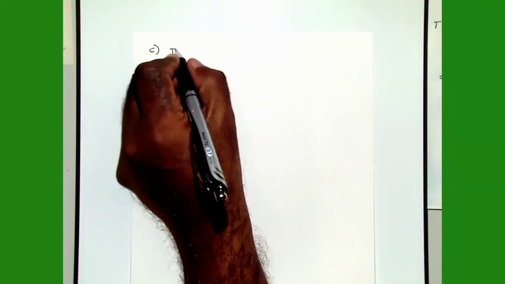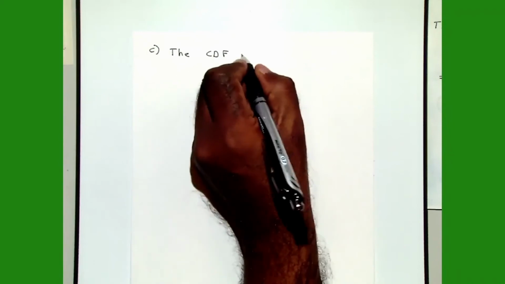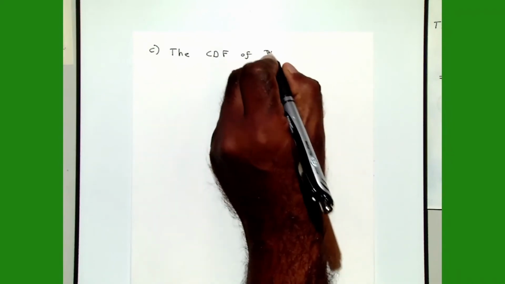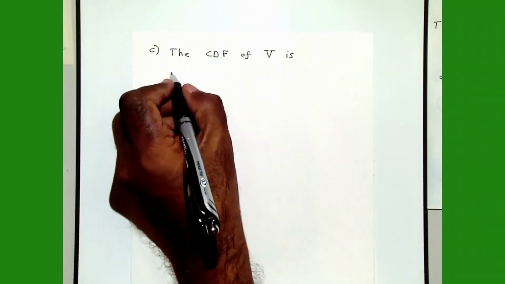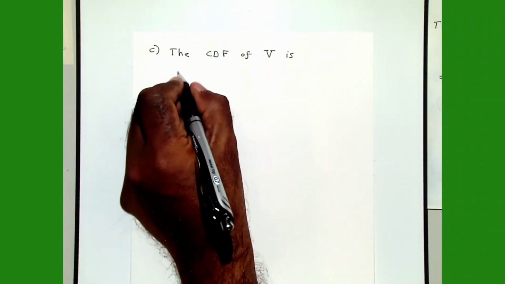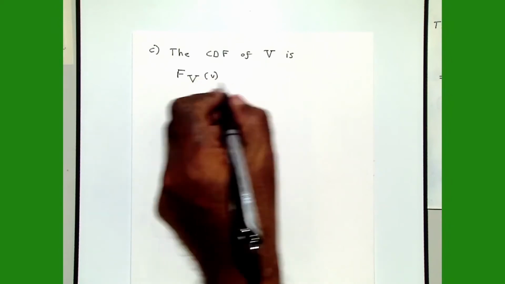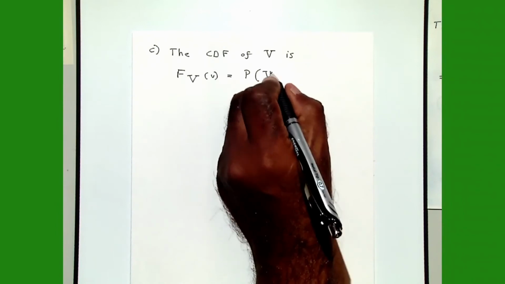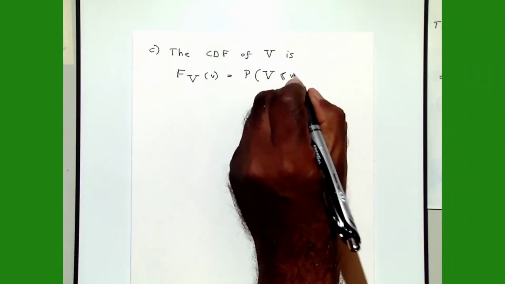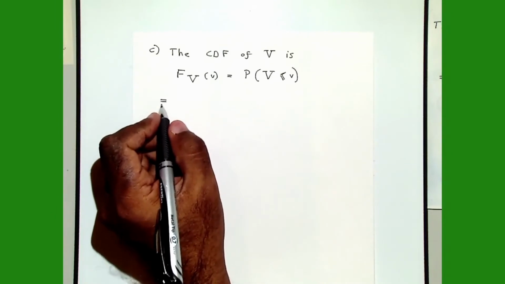The Cdf of V is this. Once again, I'm going to use the total probability rule.